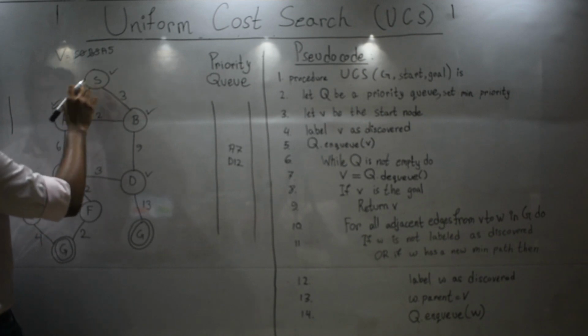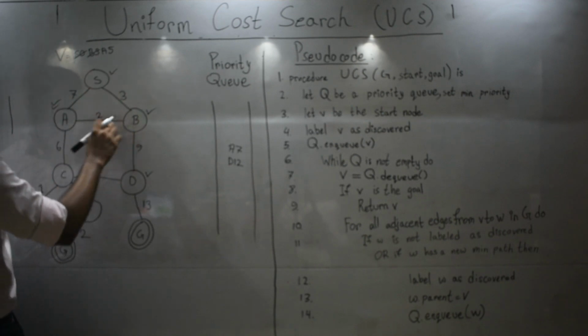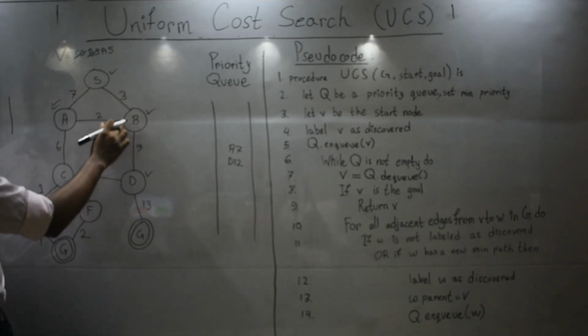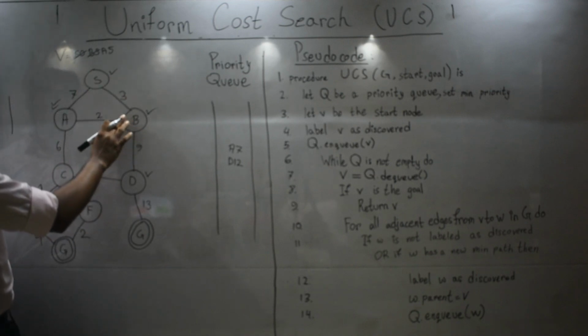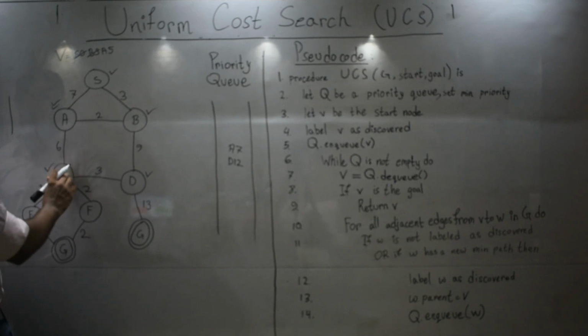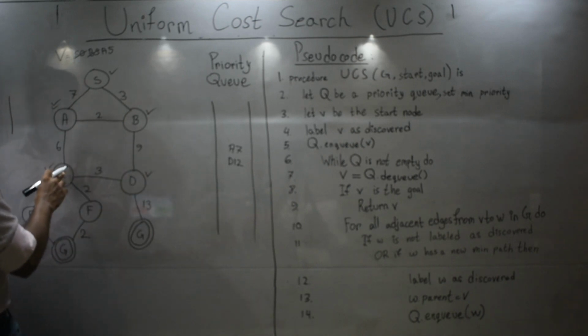A has neighbors S and B and C. So both of these are discovered and they already possess the minimum path. So the next neighbor is C. It has not been discovered. So let's discover and link the parent of C to be A and NQ.